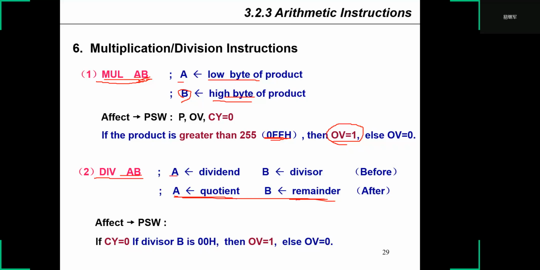This affects PSW: CY is equal to 0, and if the divisor B is 0, then OV is equal to 1, or else OV is equal to 0.